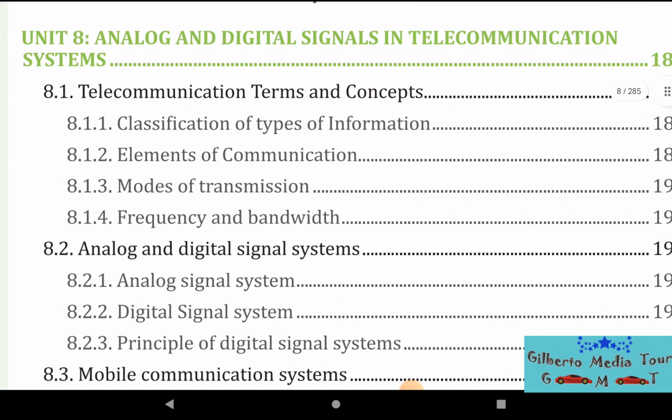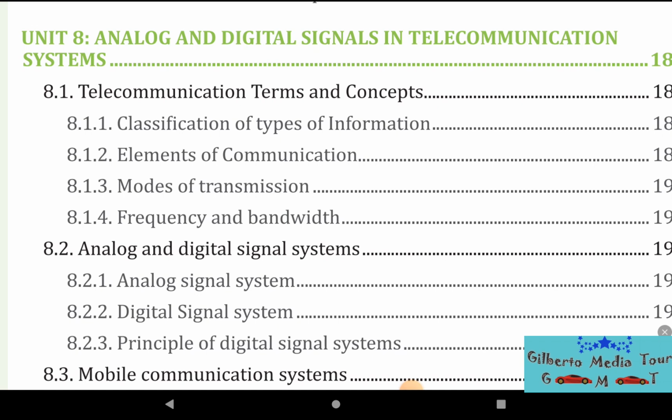In unit number 8 also, we shall try to explain about analog and digital signals in the telecommunication system. We know today there is what we call signals. When you say signals, it is terms of information which are converted into electrical form in order to transmit them properly. So in electrical signals, there are the analog and the digital signals.